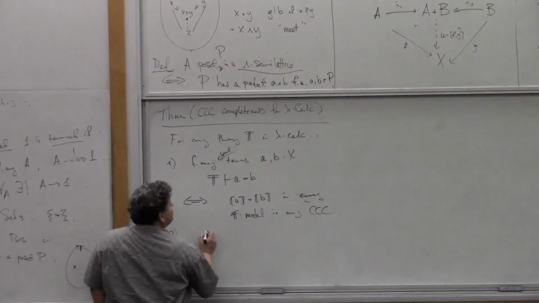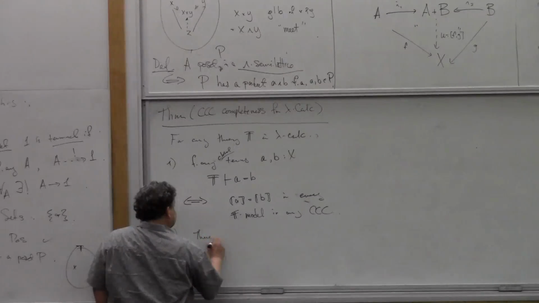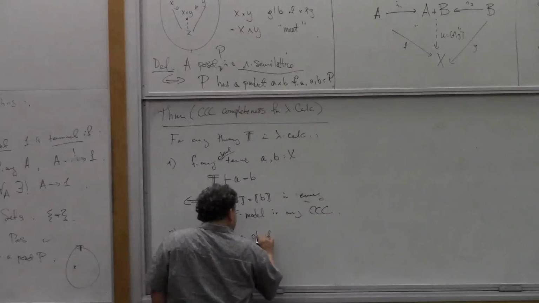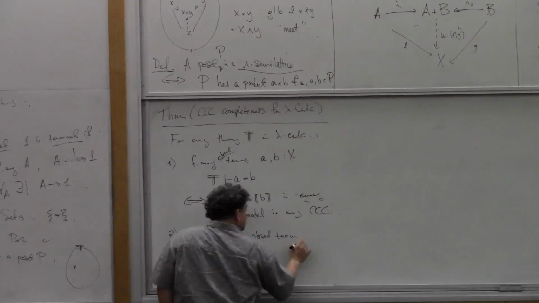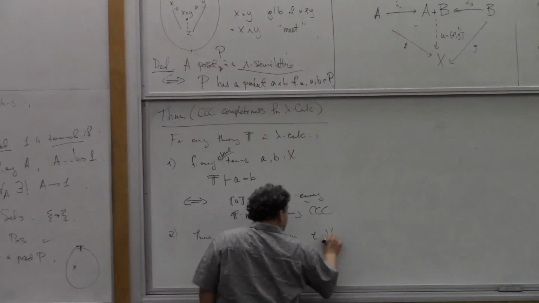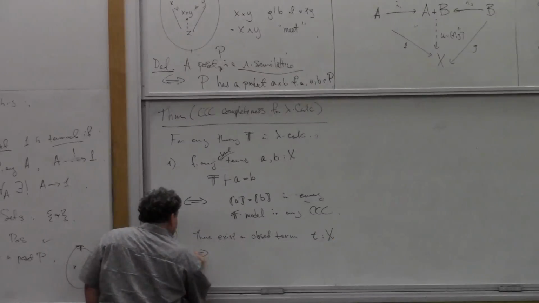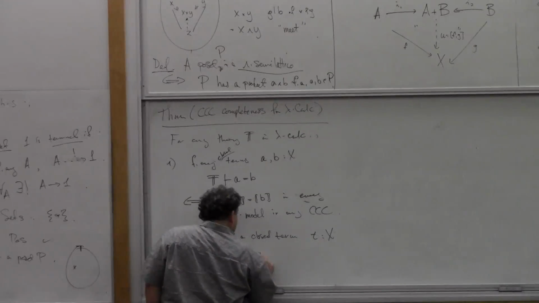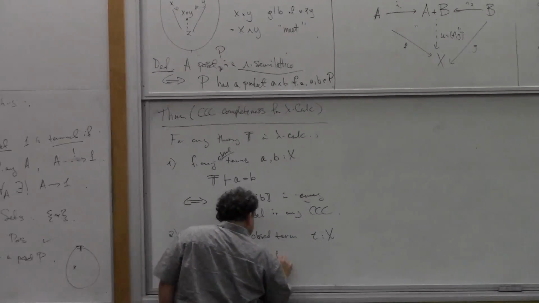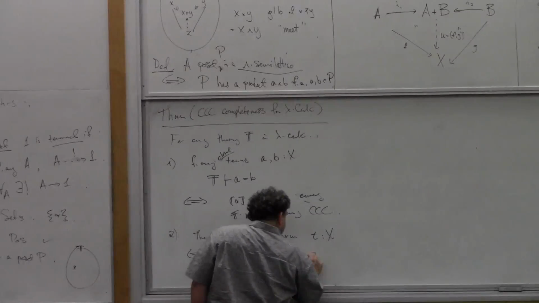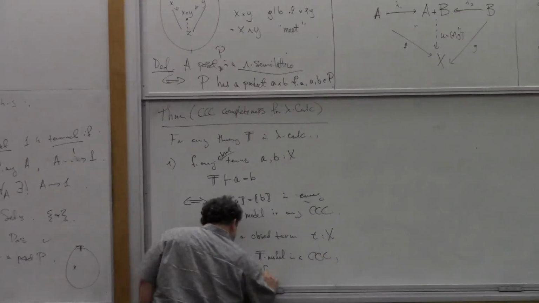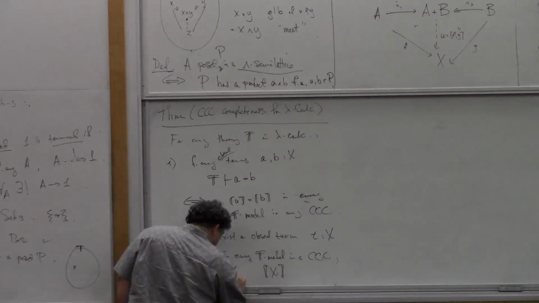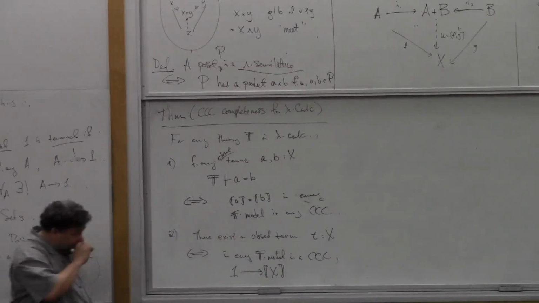So there exists a closed term, say T, for some type X, just in case in every T model in a CCC, the type interpreting X has a map from the terminal object.